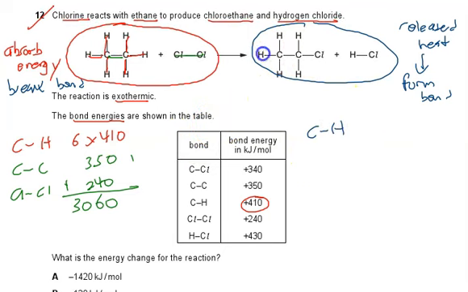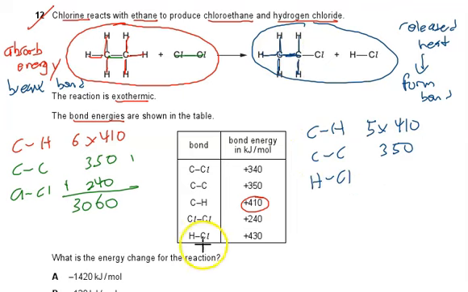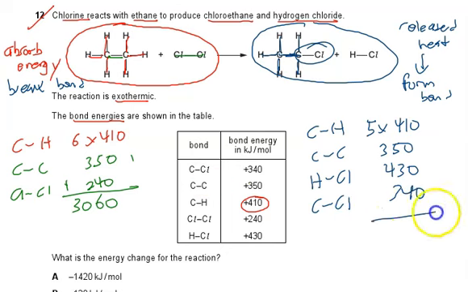Carbon to hydrogen. 1, 2, 3, 4, 5. So we have 5 times 410. Carbon to carbon is 350 over here. And hydrogen and chlorine, we have 430. And lastly, carbon and chlorine, we have about 340. So we add on all of these.